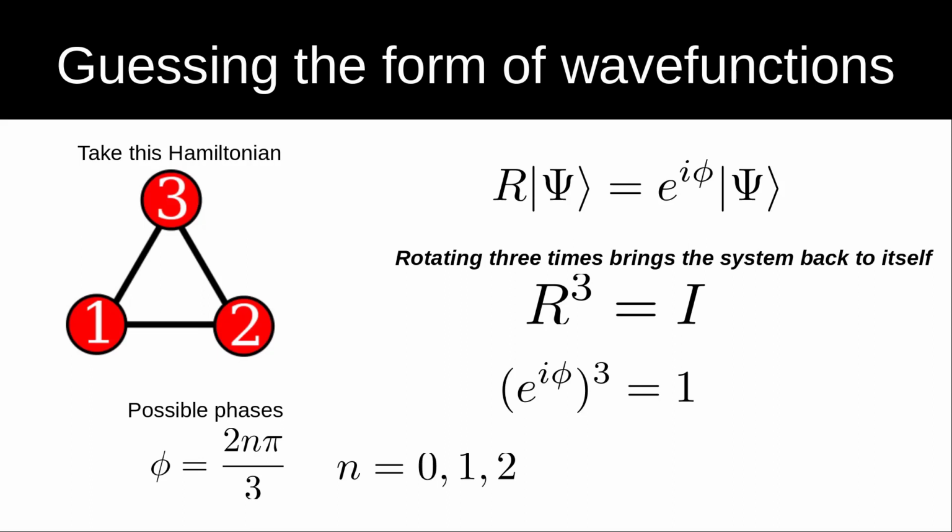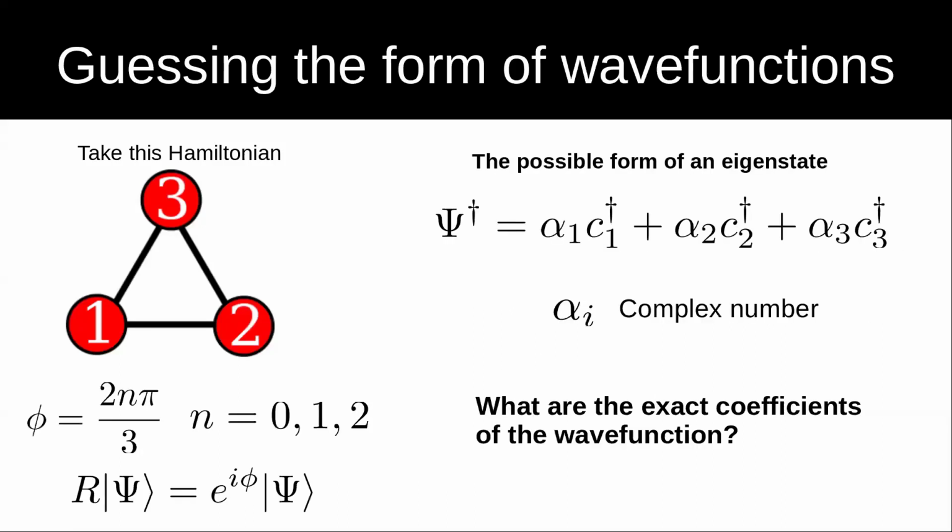You can think about all the complex numbers with this property, and you will see that they essentially have a phase that is 2n pi over 3, with n equal to 0, 1, 2. So with this, you already have a lot of information about the eigenstates of your Hamiltonian. Let us try to look at them in more detail.